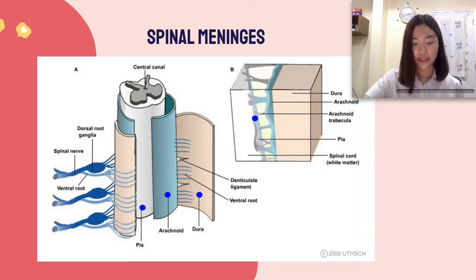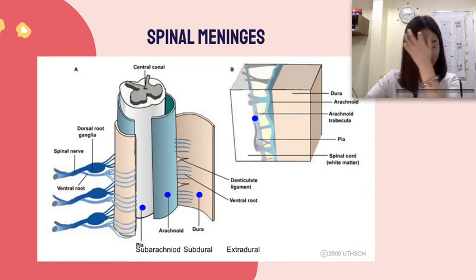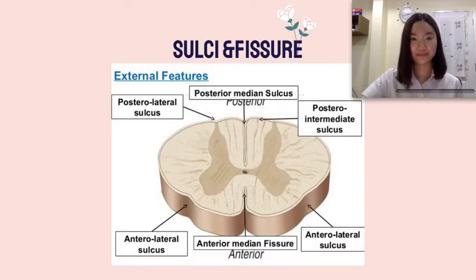The last one is the pia, which closely adheres to the surface of the cord, which is the white matter. There are also spaces between them: the extradural, the outermost; the subdural, between dura and arachnoid; and the subarachnoid, between pia and arachnoid. In the second picture, we can see that the spinal cord is attached to the dura by a series of lateral denticulate ligaments emanating from the pia folds.